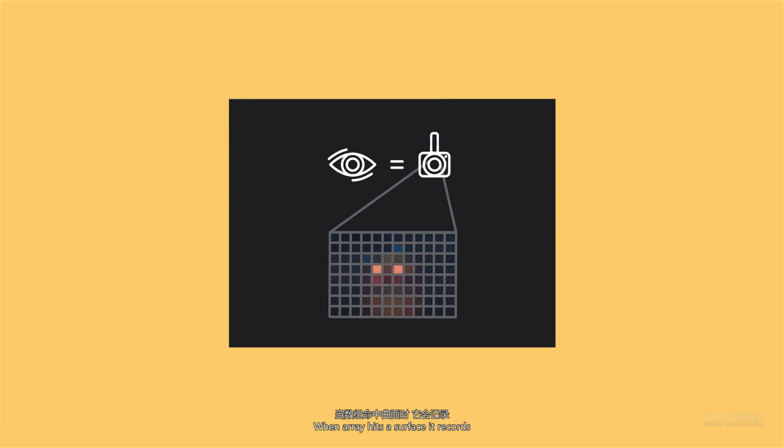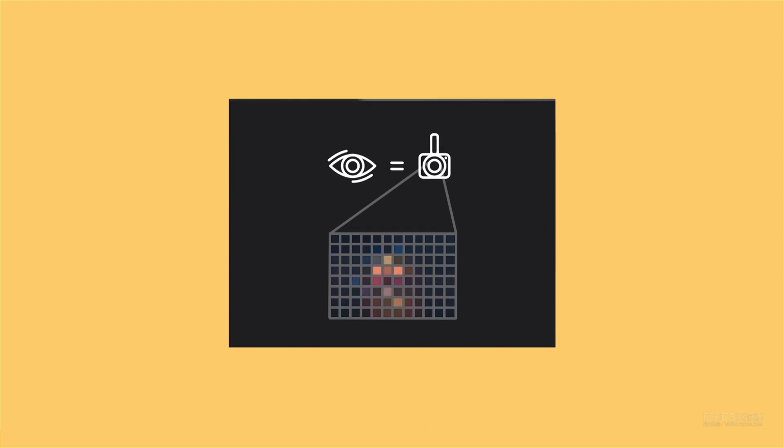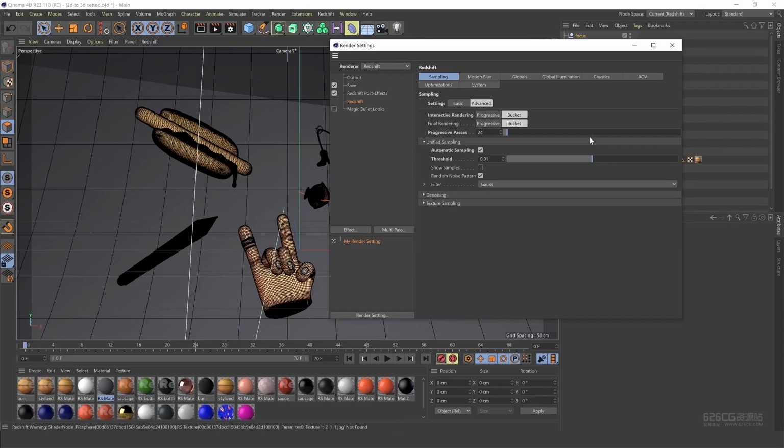When a ray hits a surface, it records the color of the surface to the pixel grid. And then it refracts and looks for a light source. And the faster the beam reaches the light source, the more illuminated this pixel will be. And if it does not find it, it will mean that this pixel is in the dark. This way we can gradually fill each pixel of the image with information about its color and light level.